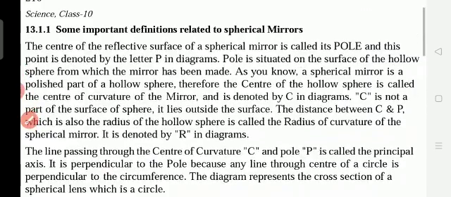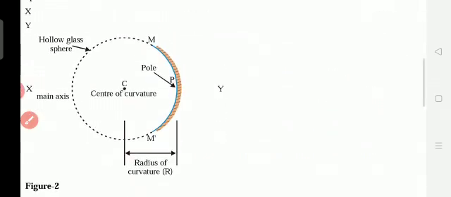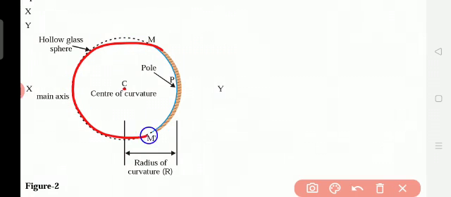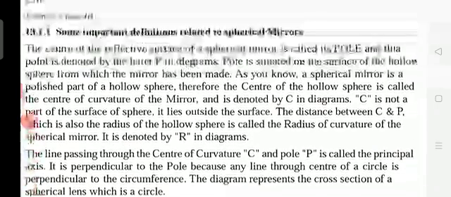And the next definition is, as you know, a spherical mirror is a polished part of a hollow sphere. Therefore, the center of the hollow sphere is called the center of curvature of the mirror and is denoted by C in the diagram. Underline this definition also.